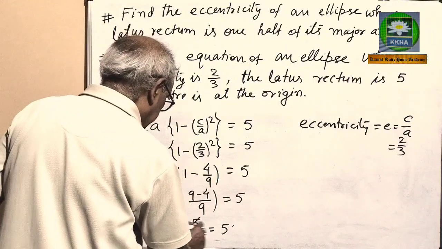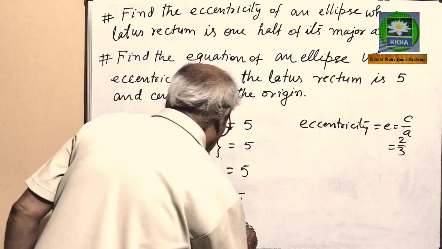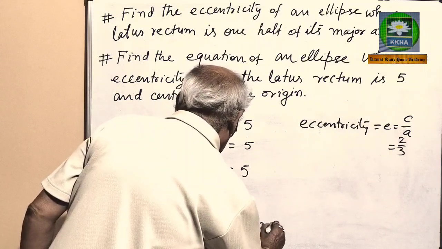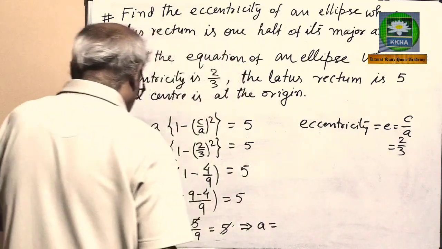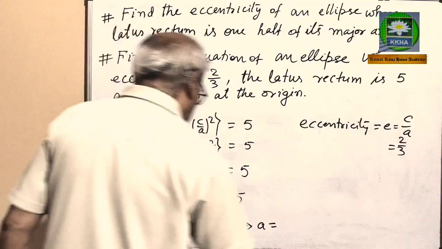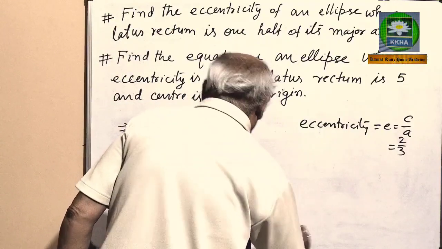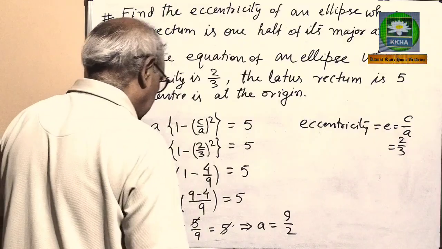So 5 and 5 get cancelled. This implies that a is equal to 9 upon 2.